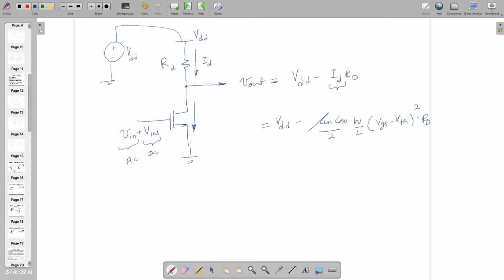Now I want to find out the small signal gain. Small signal gain is always del V out with respect to del V in, because I don't want any DC quantity. So this DC quantity will go to 0, and this one will become... can you solve for me and tell me what will be the value?